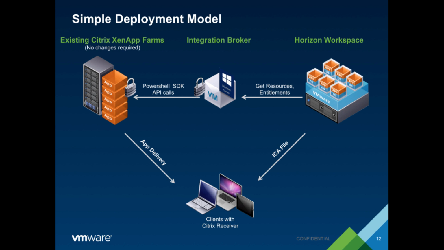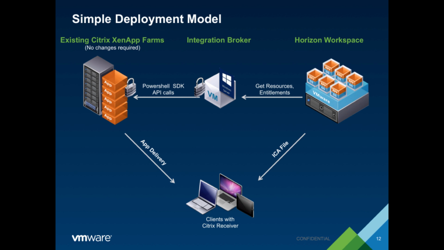The first model shown here is what we call the simple deployment model. The architecture is a little bit more complex than it is with the Horizon hosted applications integration. We actually have a separate component that you need to install and maintain running on a Windows server, and that's called the integration broker.